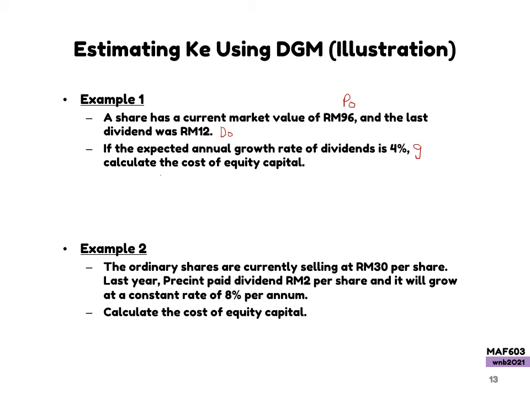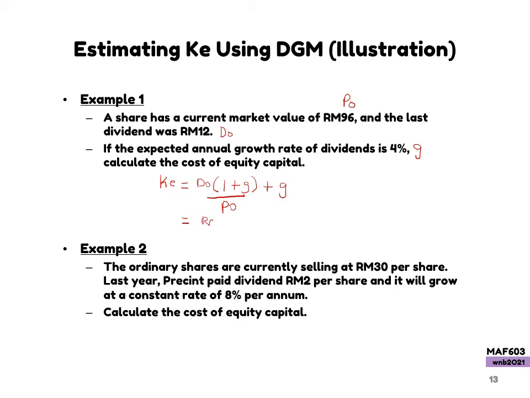Okay, so remember the formula: KE equals D0 multiplied by 1 plus G over P0 plus G. Okay, put the figures into the formula.